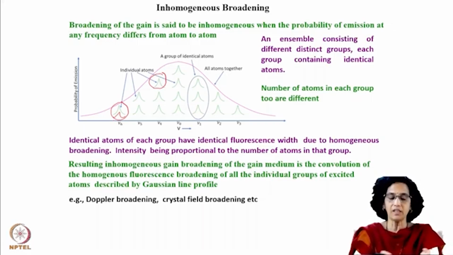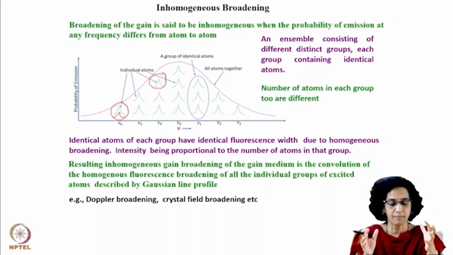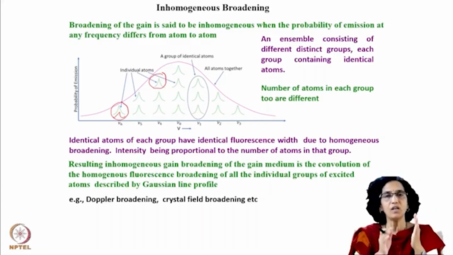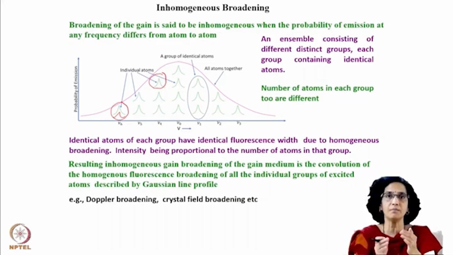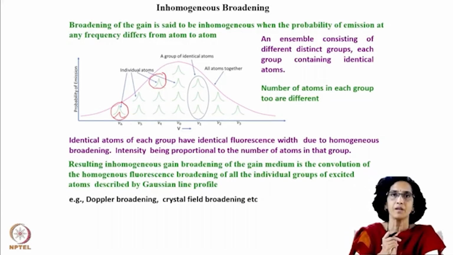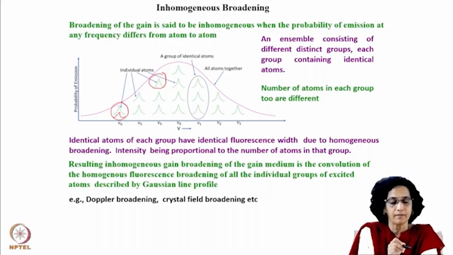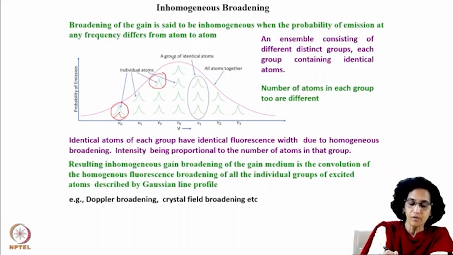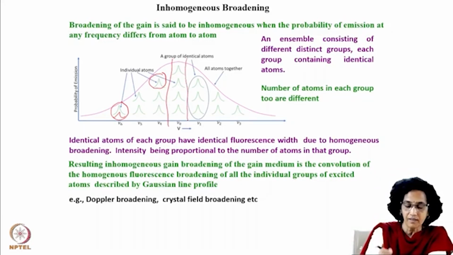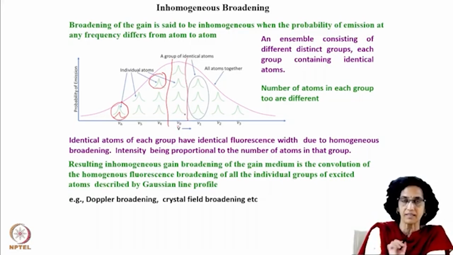Now, if we continue this for the entire ensemble, then what we see is that you can actually divide the species in your ensemble into several groups based on their fluorescence profiles. There is a group which has an identical emission profile, where the central frequency is mu0 and it dips on either side.